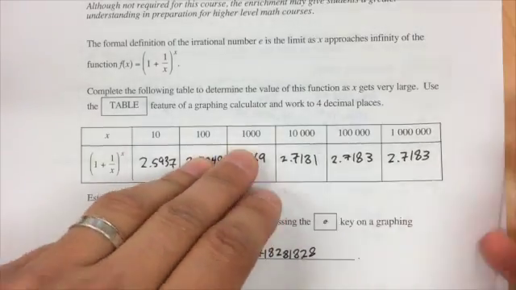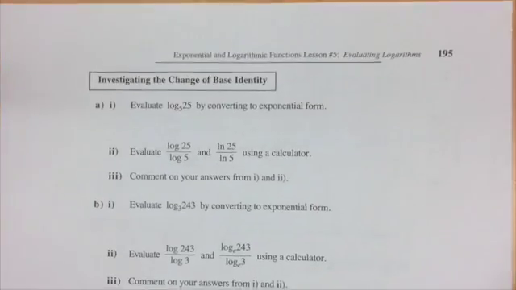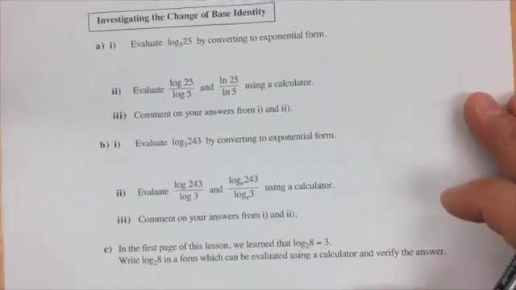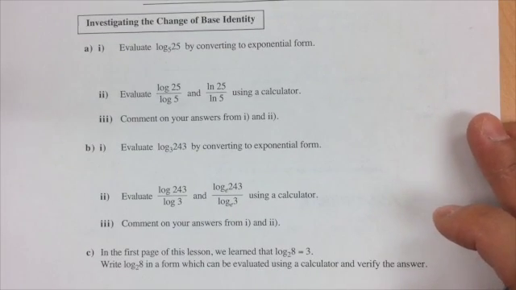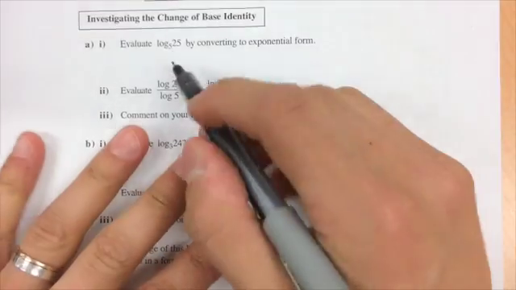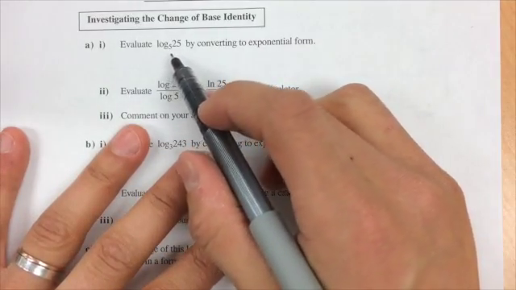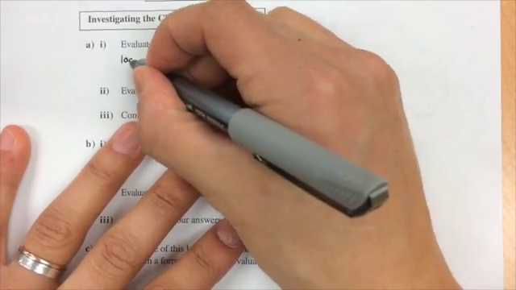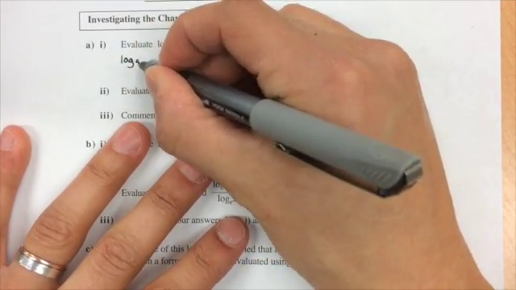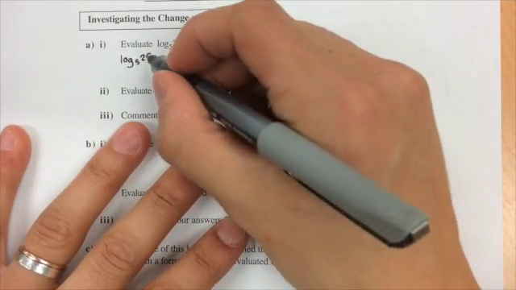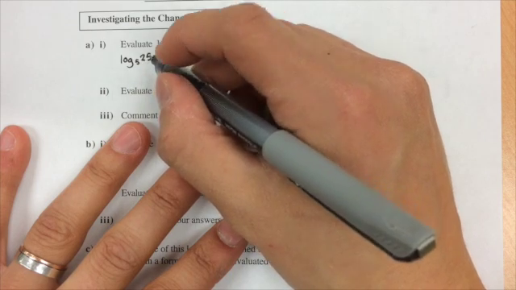Let's look at how we actually use these natural logarithms and where they come in useful. Before we do that, let's look at another concept: changing bases. If I evaluate log base 5 of 25 using exponential form, as we did yesterday, we set this equal to v and convert it into exponential form.